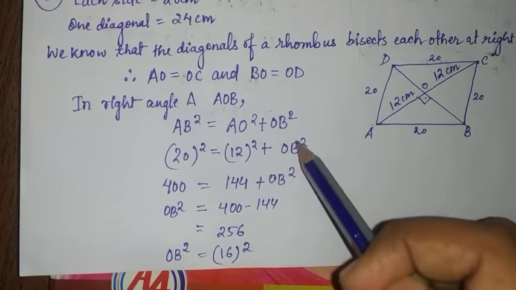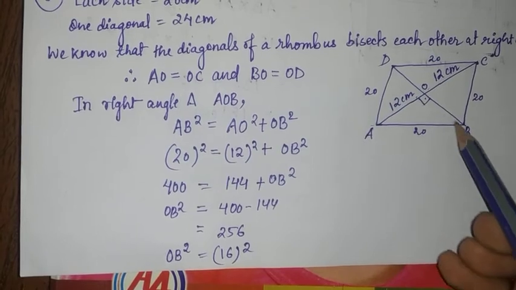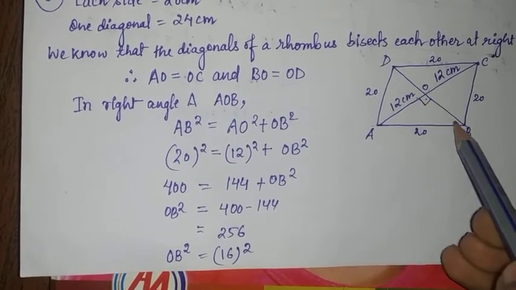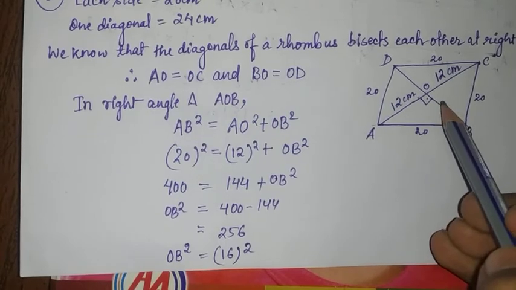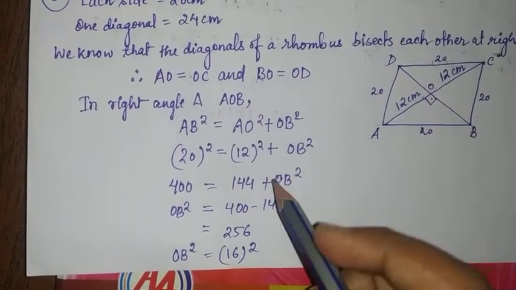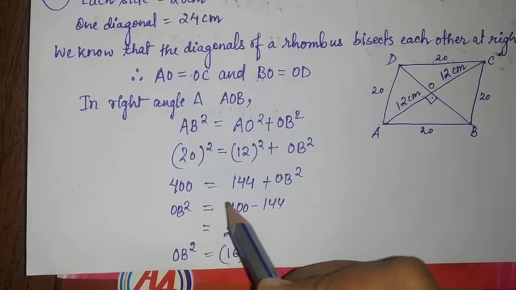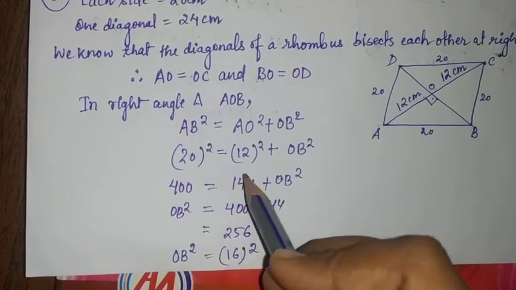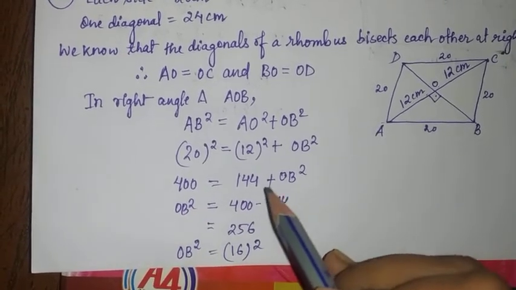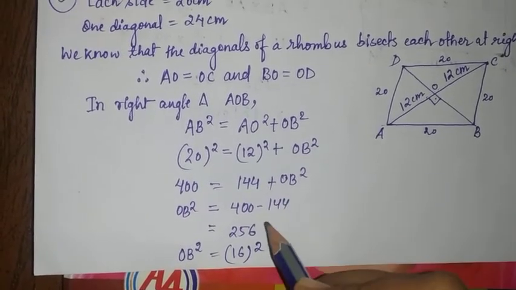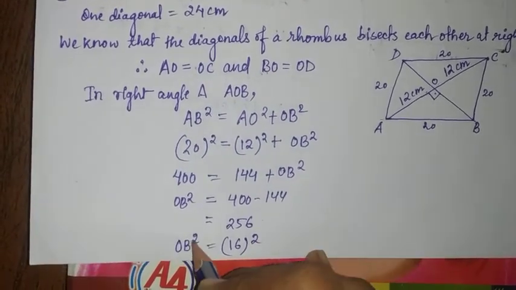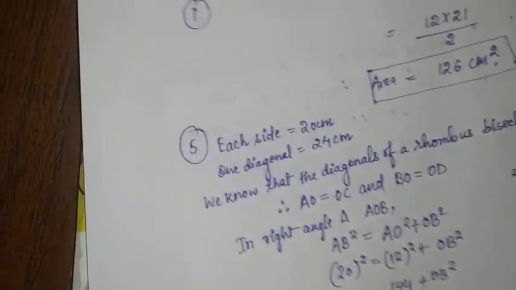You have to find out OB, that means this one. If you are able to find this, then just multiply this one by 2. You will be able to get the whole diagonal. So OB square will be equal to 400, and 144 will go to the left side, and then 400 minus 144 you will get 256. 16 square is 256, so OB will be equal to 16.